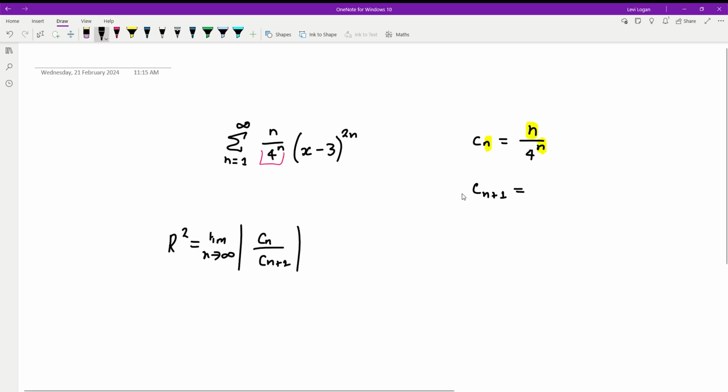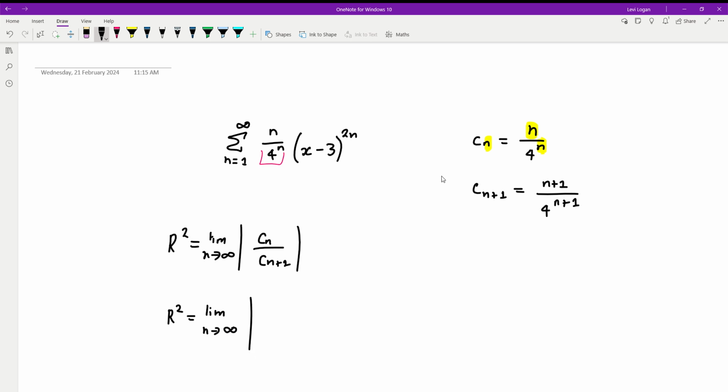So at the top it would be n plus 1 divided by 4 to the power of n plus 1. Substituting into this formula, the radius of convergence squared is equal to the limit as n goes to infinity of the absolute value of n over 4 to the power of n, divided by n plus 1 over 4 to the power of n plus 1.